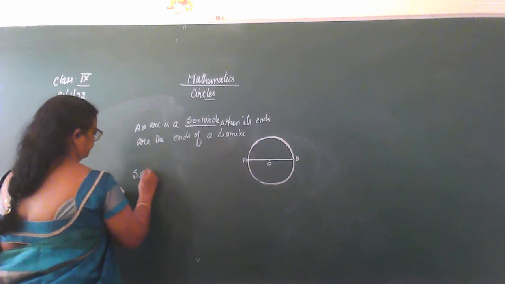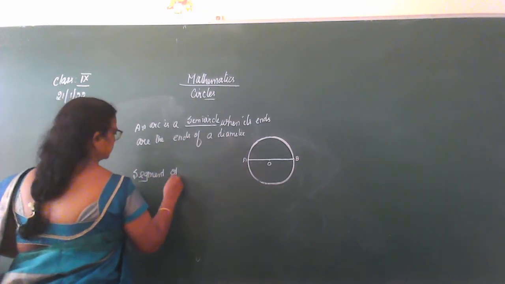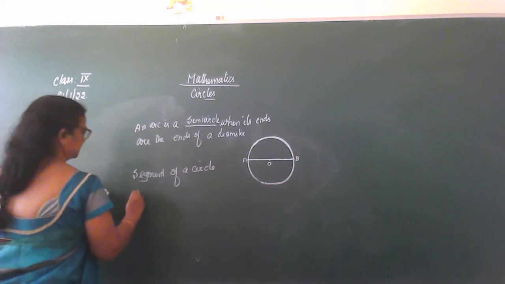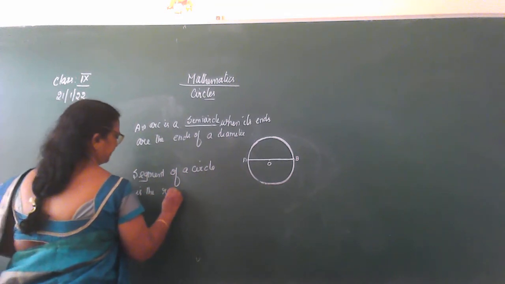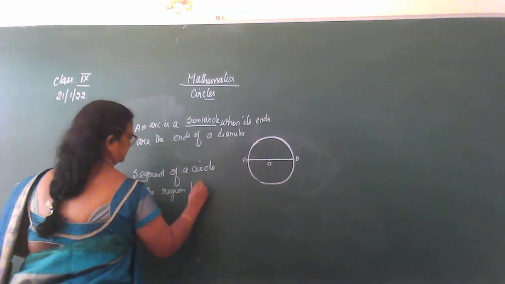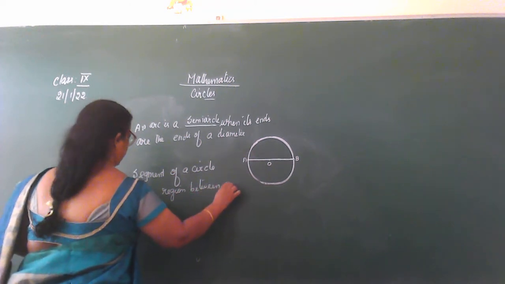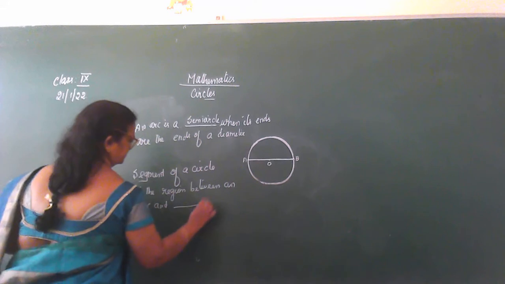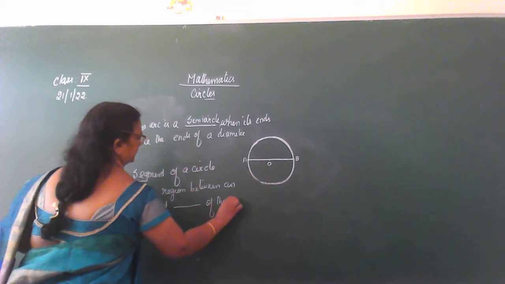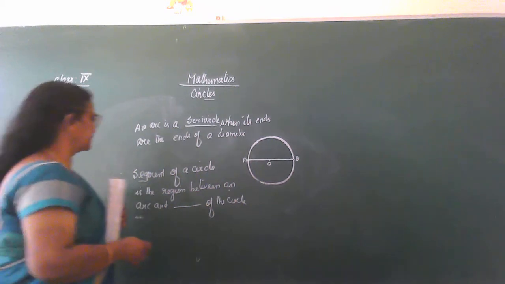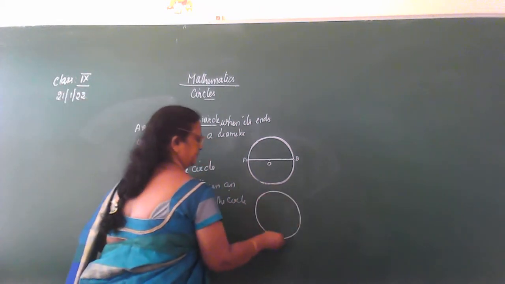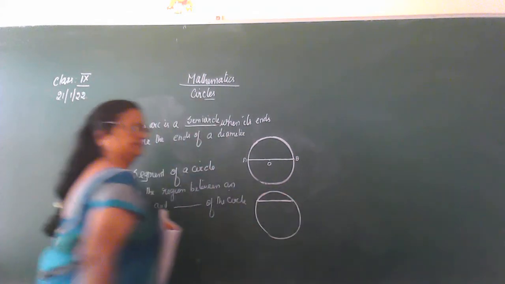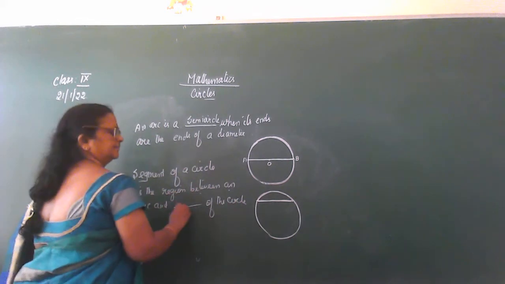A segment of a circle is the region between an arc and a, what is this?